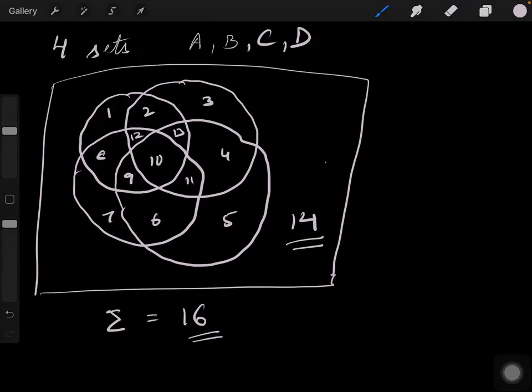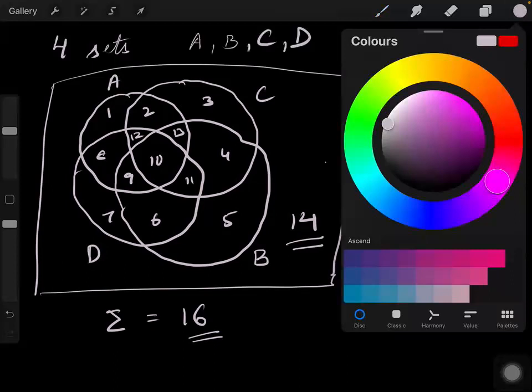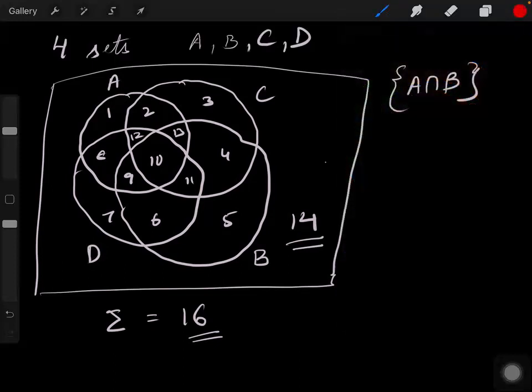To think of this more intuitively, let us imagine that we need to find the intersection of sets A and B. If we try to locate this area using our diagram, the intersection of A and B, which lie diagonally to each other, would be this area, which basically covers the regions marked as 9, 10, and 13.